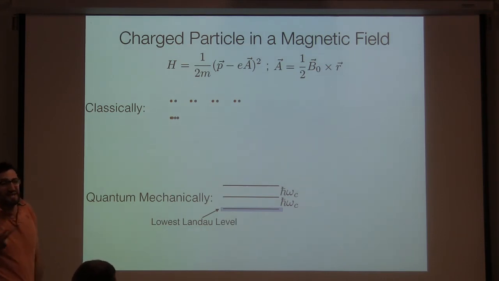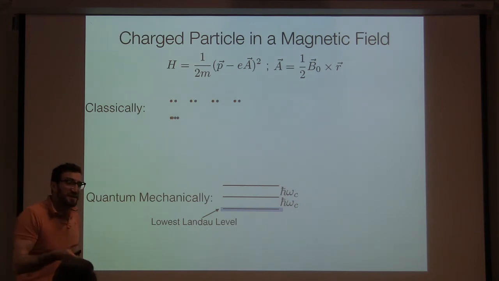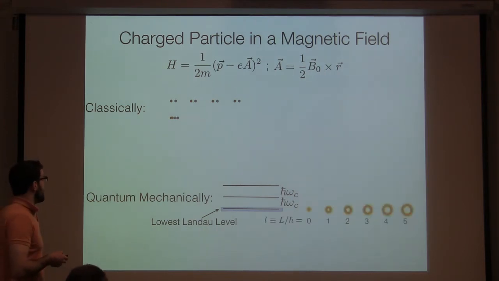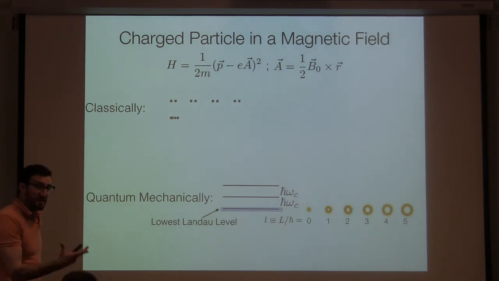And that won't change the dynamics in the system, but it does change how we write down the solutions. So what I would like to do is use this gauge, and then you see that the eigenstates are these rings. We saw them yesterday in the data, right? And the point is that the rings are states of definite angular momentum.